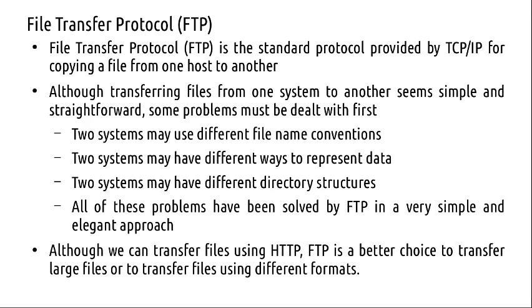FTP is a very simple solution. It isolates the control section and the data transfer section separately. You don't mix them up, you keep them separate. Some control commands are exchanged, and then you set up a separate data transfer path.